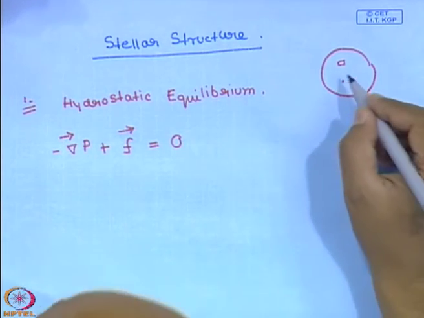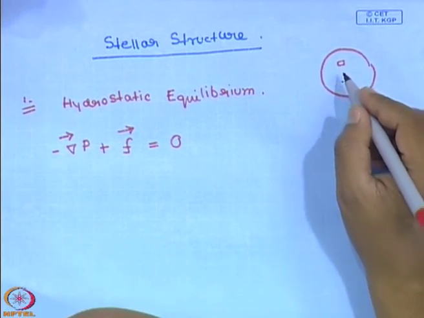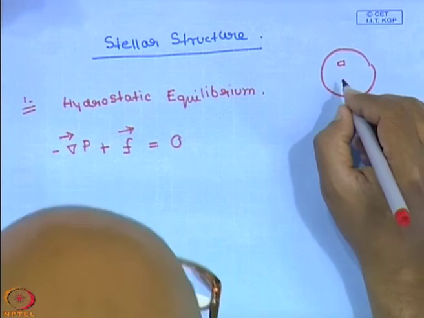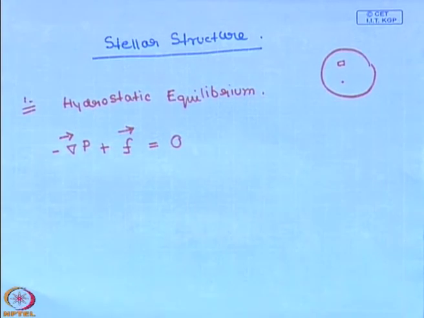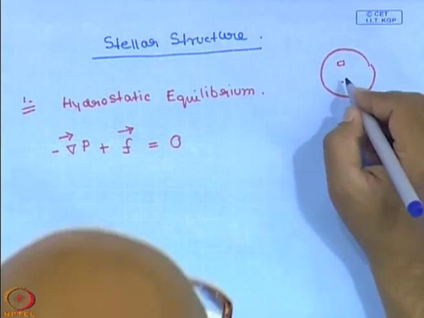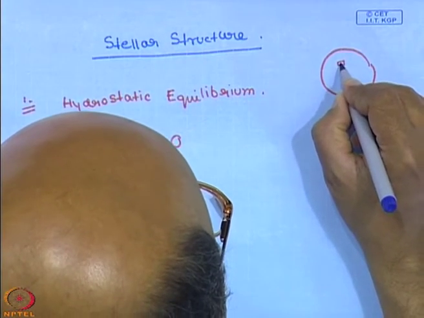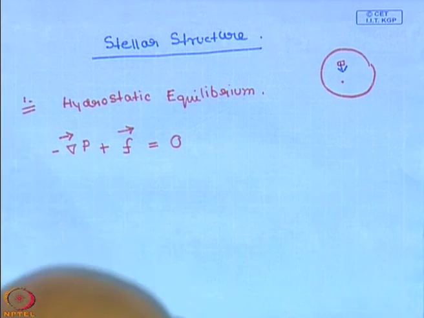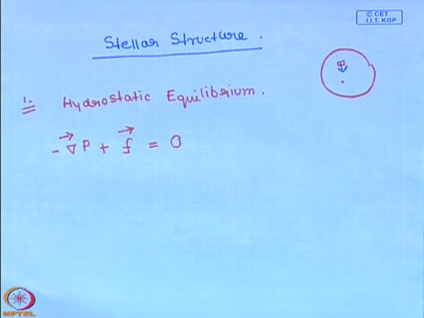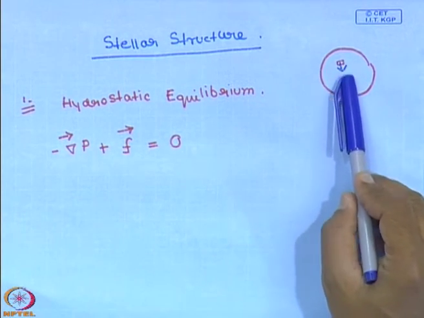Okay. So, here every fluid element is being pulled inwards by gravity. Okay. So, this is spherically symmetric, and every fluid element is being pulled inwards by gravity. The gravitational acceleration acts to pull this fluid element inwards.